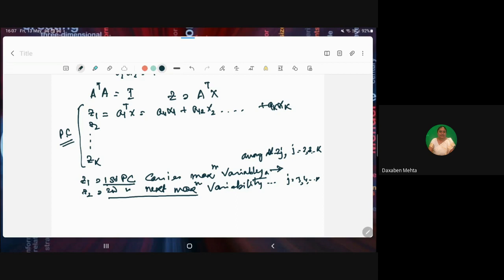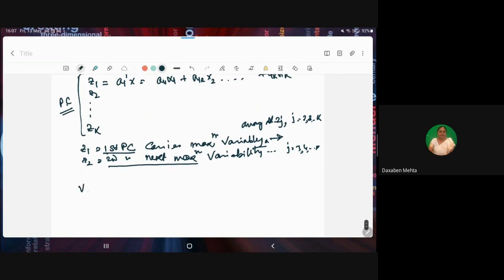By this way, it gives us the list of principal components where the variance of Z1 is the highest, next the variance of Z2, next the variance of Z3, and so on. And what is important for such variability is that for any Aj, Aj transpose Aj is equal to 1. This is the important thing.